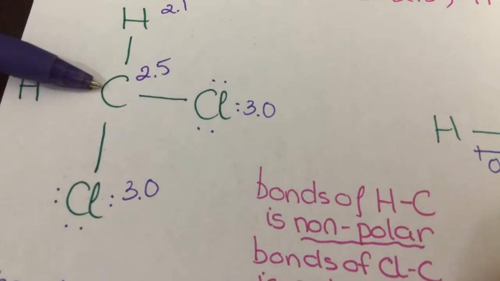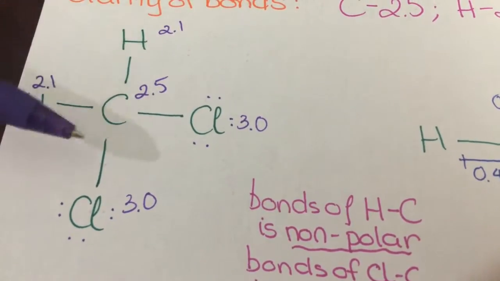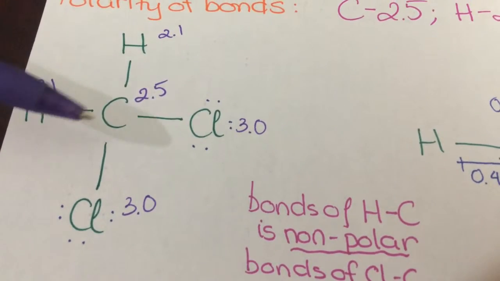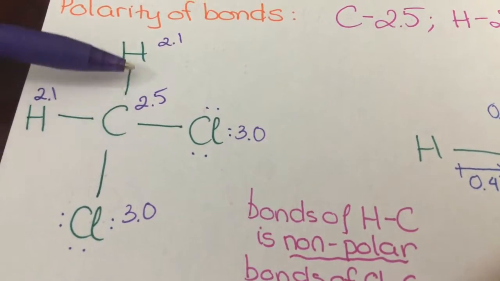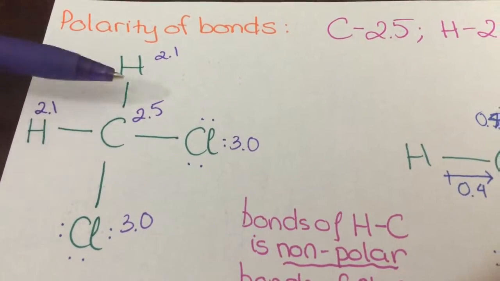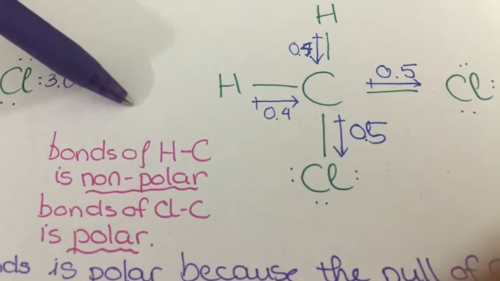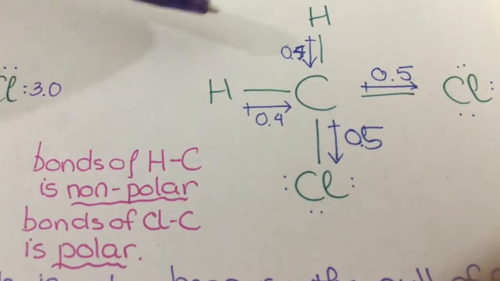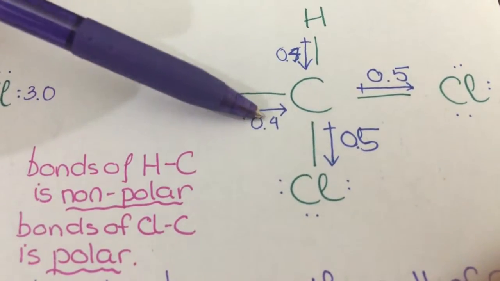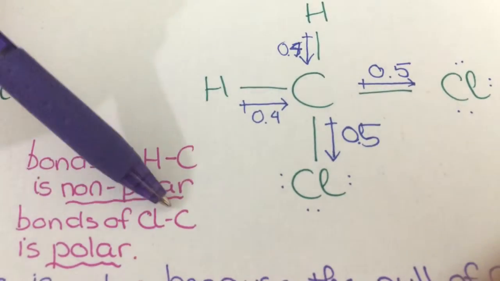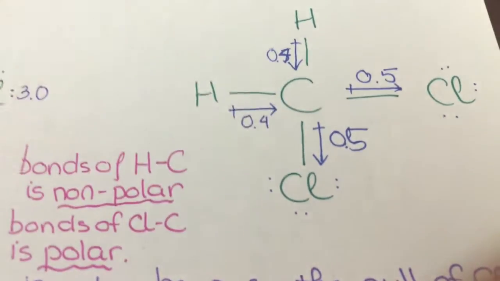So C has a stronger pull than H, so it pulls electron from H to C. The difference is 0.4. The bond of H and C is nonpolar because it's less than 0.5. The bond of Cl and C is polar because it's equal to 0.5.